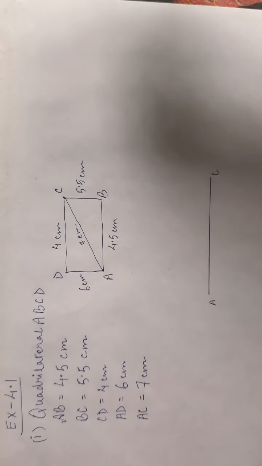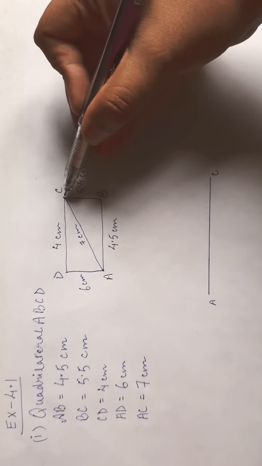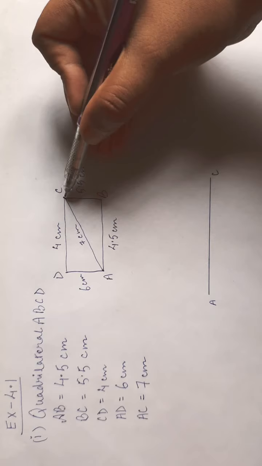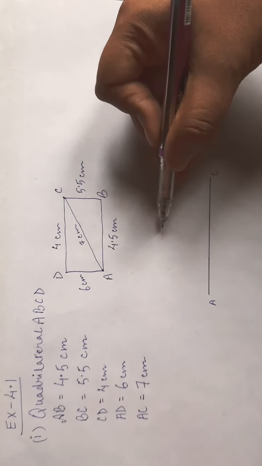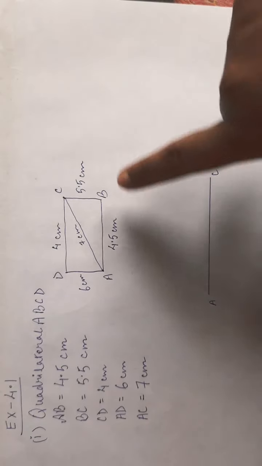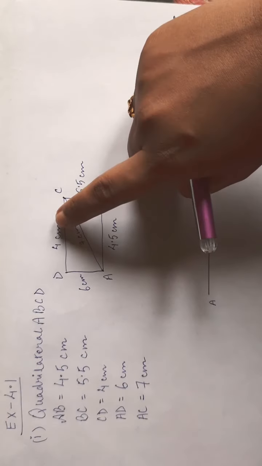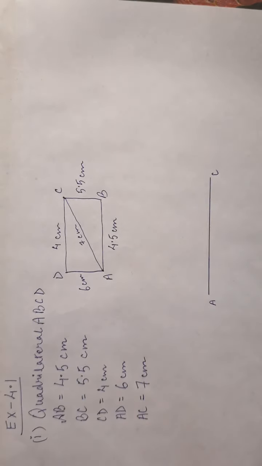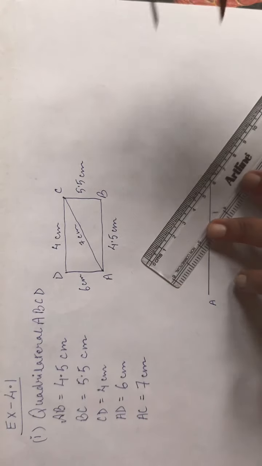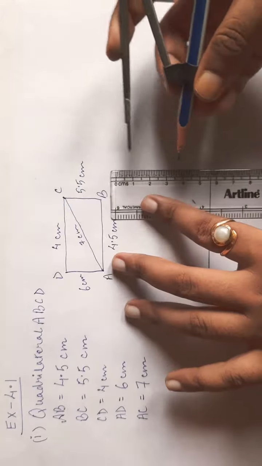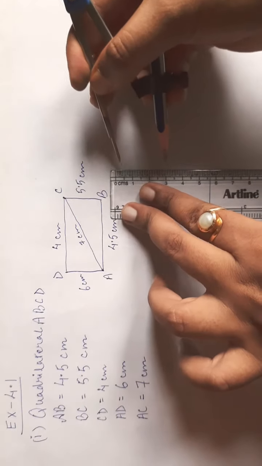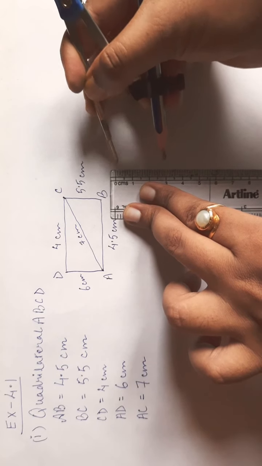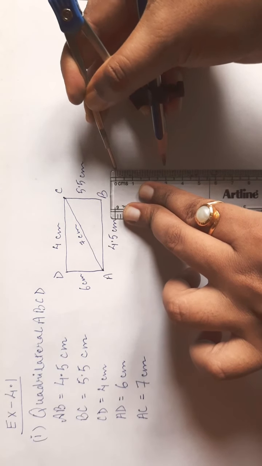Now what we will do, from point C, we will draw an arc here and we will take the measurement 4 centimeter. Okay, in this way. Right. So this is the scale. And I will be taking 4 centimeter measurement because I will be drawing CD now.